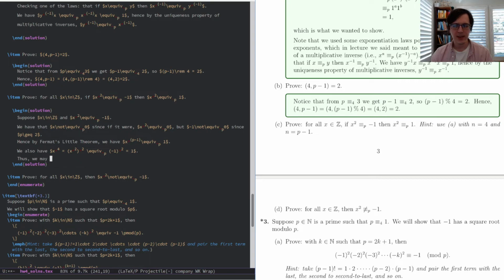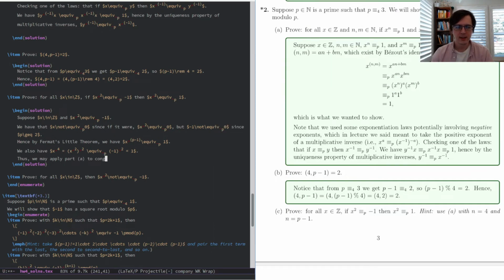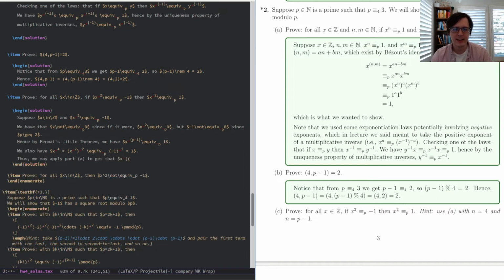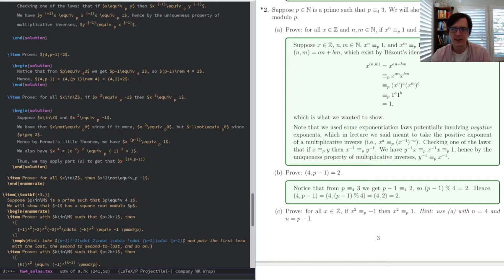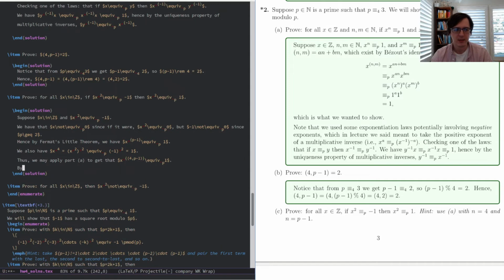Thus, we may apply part A to get that x to the GCD of 4 and p minus 1 is equivalent mod p to 1.